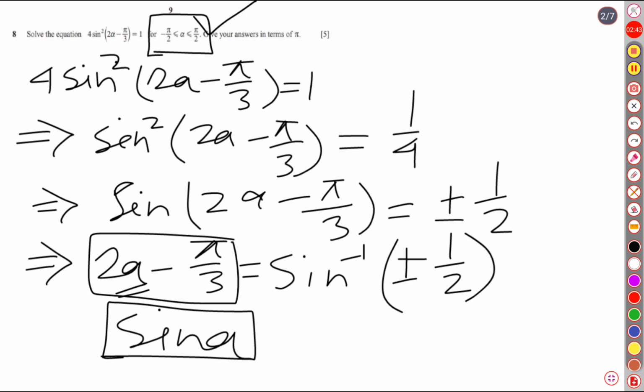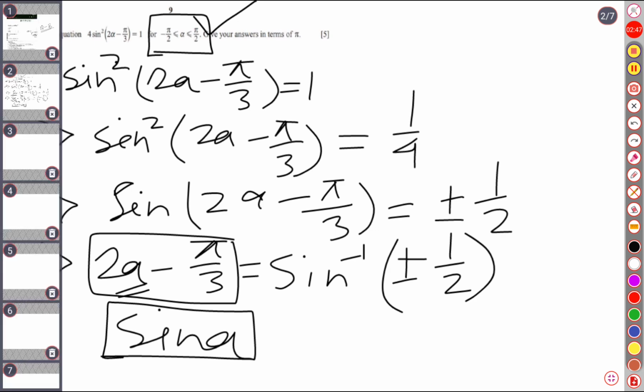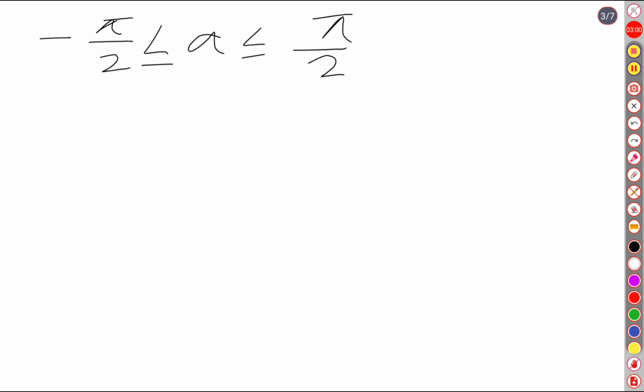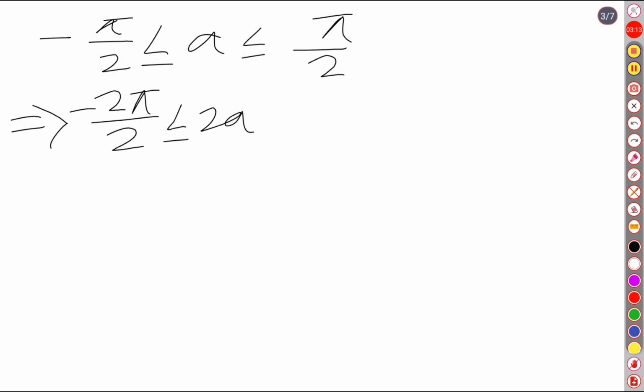So let us find the domain. The domain is given as negative pi over 2 until positive pi over 2, and our graph was enlarged by 2, so it will be negative 2 pi over 2 until 2 pi over 2, means we are multiplying every side by 2, twice alpha.